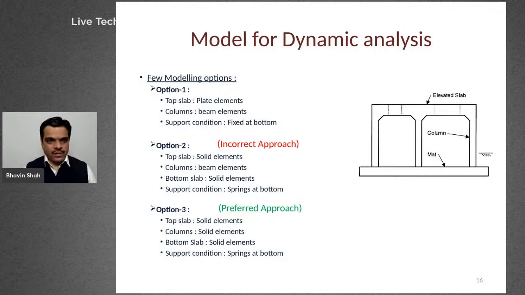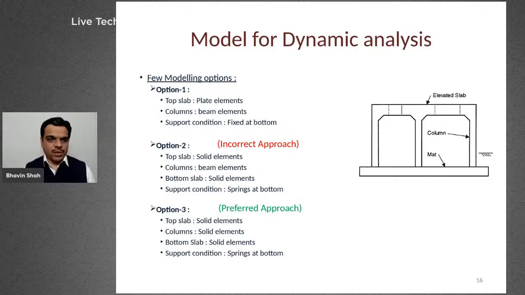In option 1, the top slab is modeled with plate elements. All columns are modeled using beam elements, and the support condition is fixed at the bottom. That is option number 1.